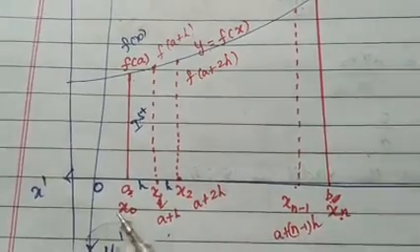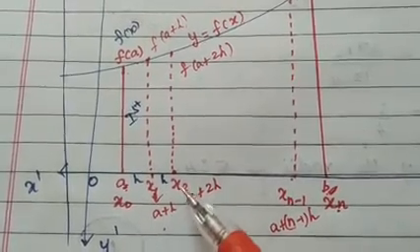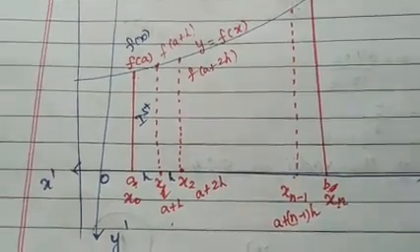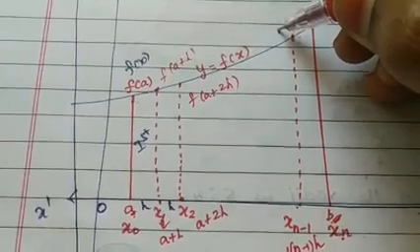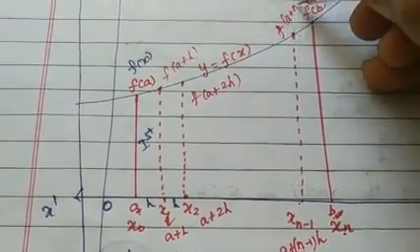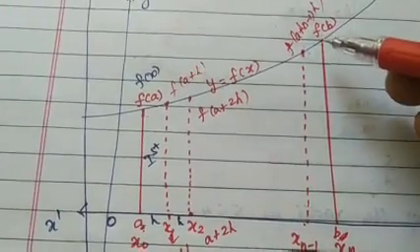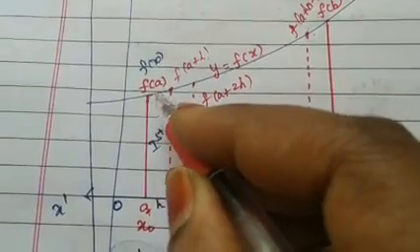By seeing this itself you can understand x0 is a, x1 is a plus 1h, x2 is a plus 2h, xn minus 1 is a plus n minus 1 h, and what will be this y value? It is f of a plus n minus 1 into h, and this is b, therefore this will be f of b.